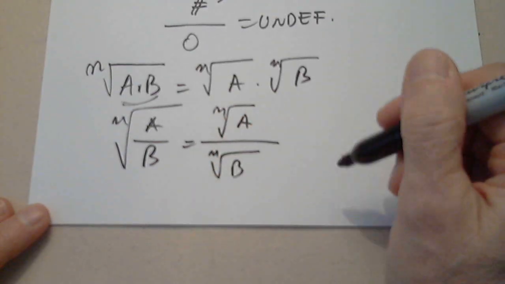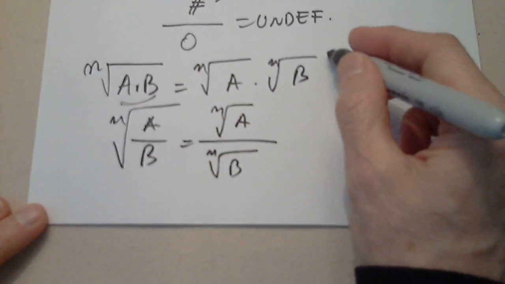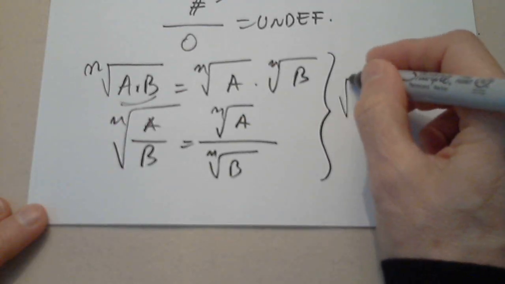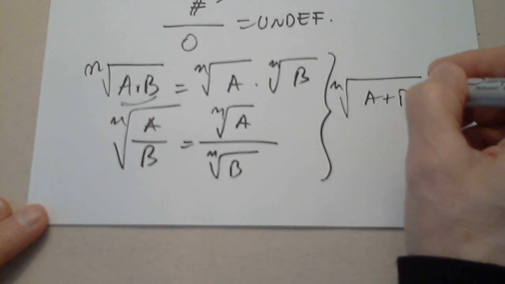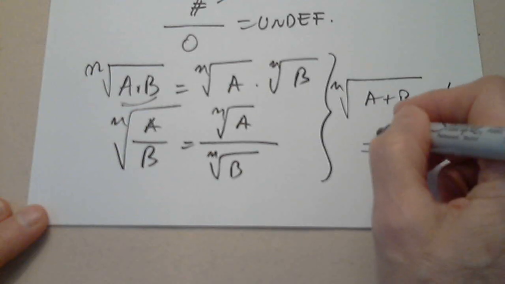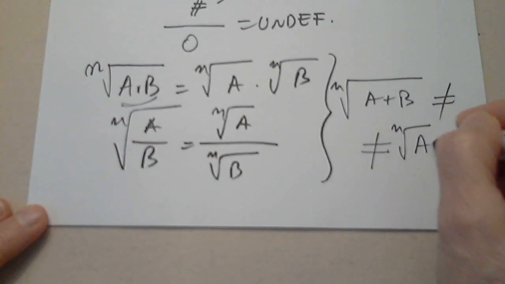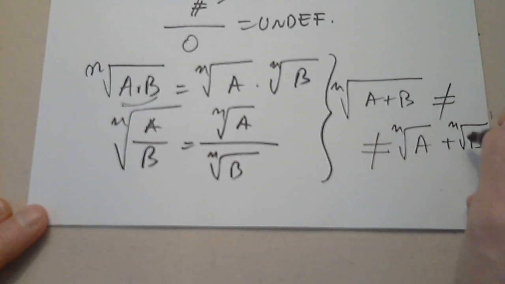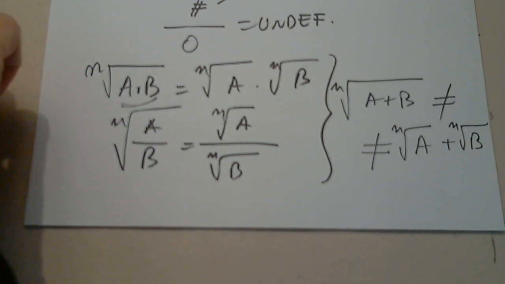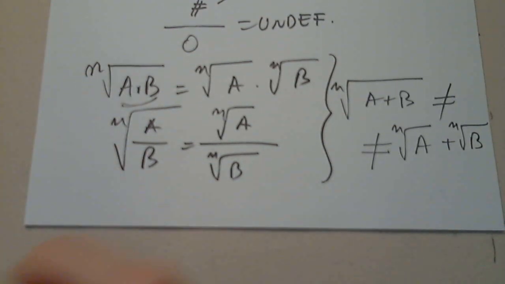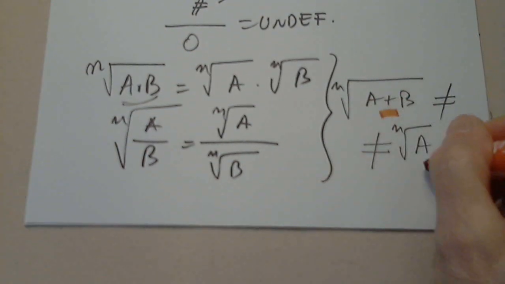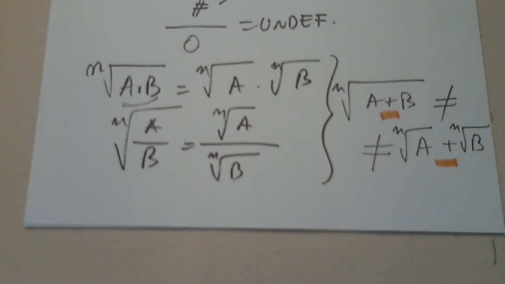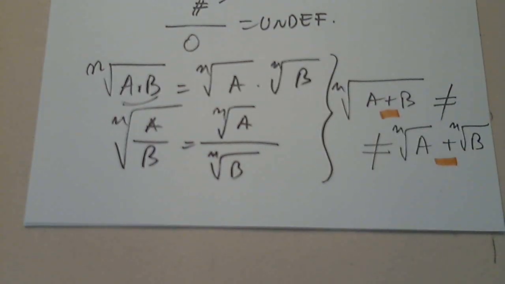But never the nth root of a plus b. This is never ever the nth root of a plus the nth root of b. Ever, ever, ever. If you have a sum of terms or a difference of terms, you cannot split the radical. We have no such rule.